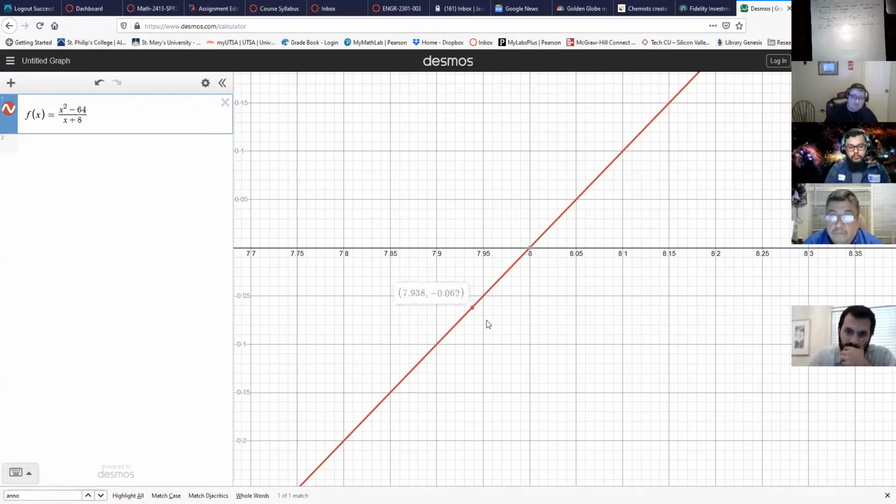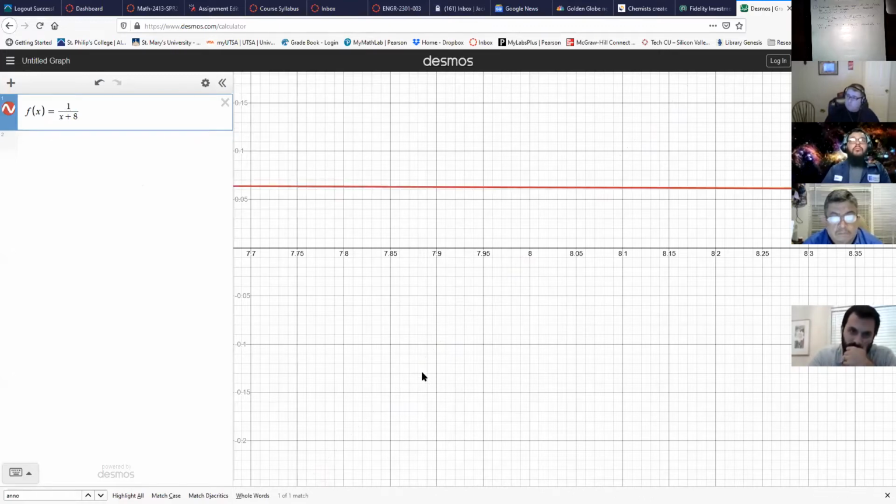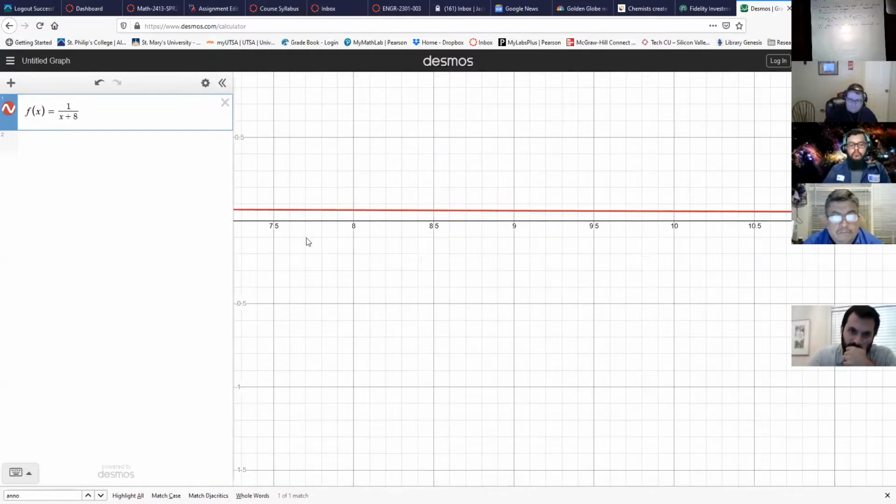But since we can factor it out, we don't have the asymptote. Like, for example, let's say this was something like this. The hole would be at -8, right?